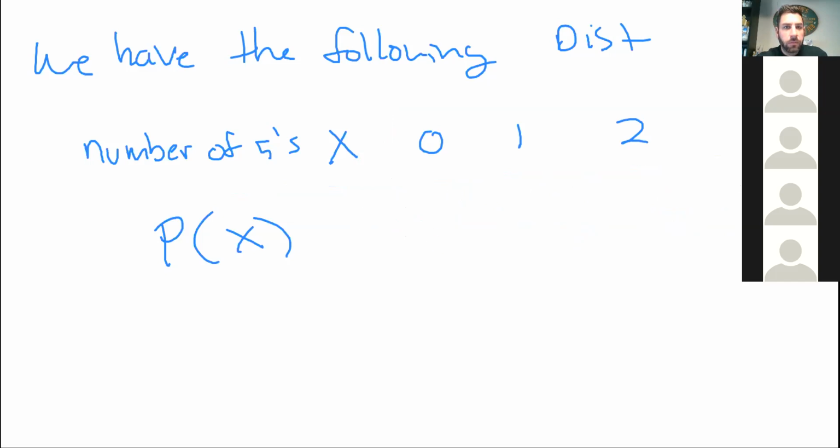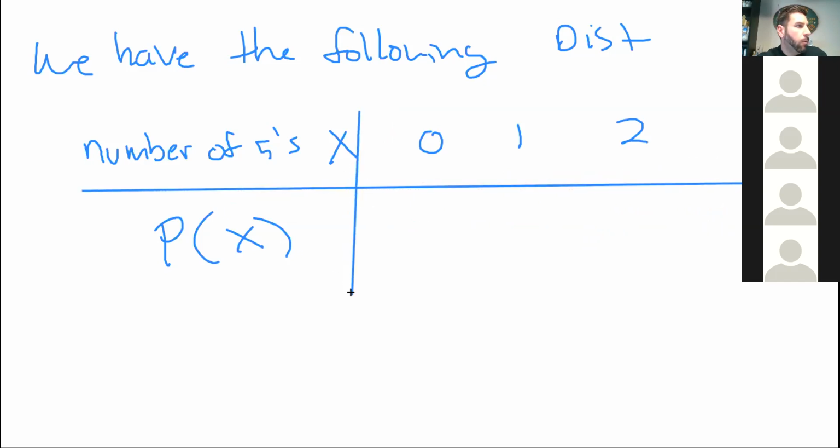So what's the probability that I get no 5s? Well, that we already computed is 32 over 36 to the third power.